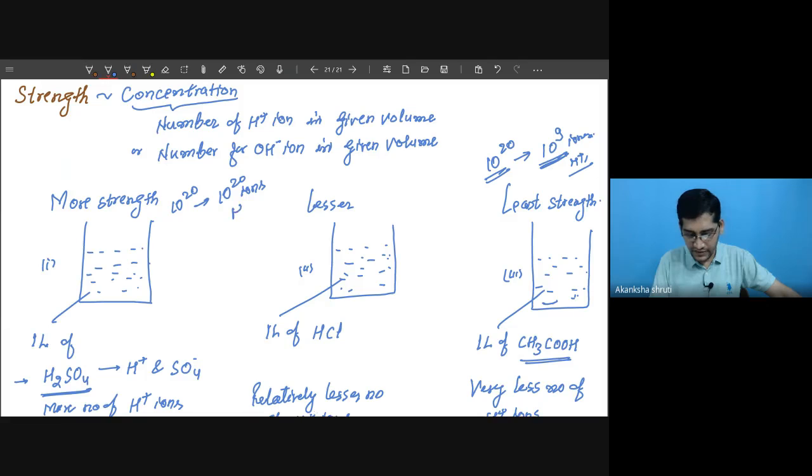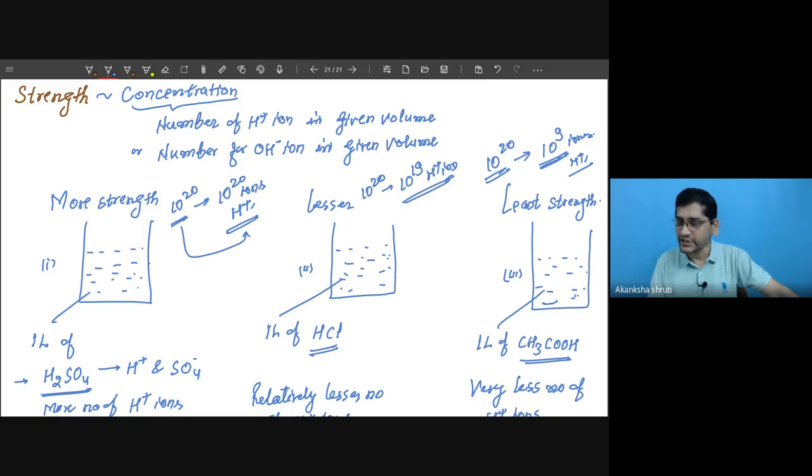Means H plus you will get. It is also nearly that. Here, out of 10 to the power 20 molecules of HCl, you will get around 10 to the power 18 or 19 H plus ions. So such a compound or acid which can ionize totally, means all the molecules get converted into ions, is called a strong acid.